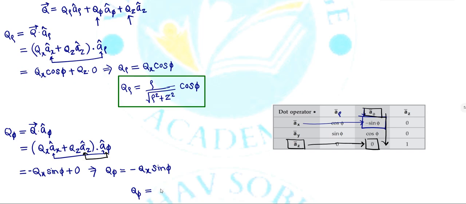Place the value of that, this minus sign will be as it is. qx is what we have: rho divided by square root of rho square plus z square, and then this sine phi as it is over here. Okay, so this is what we have for that q phi.